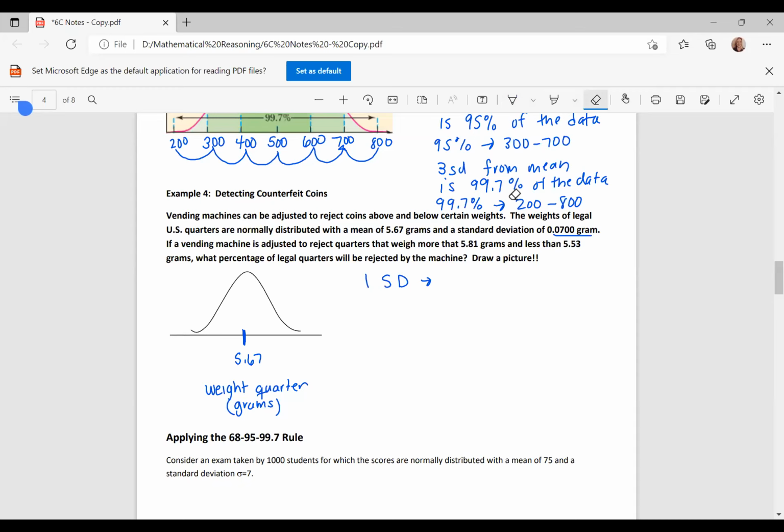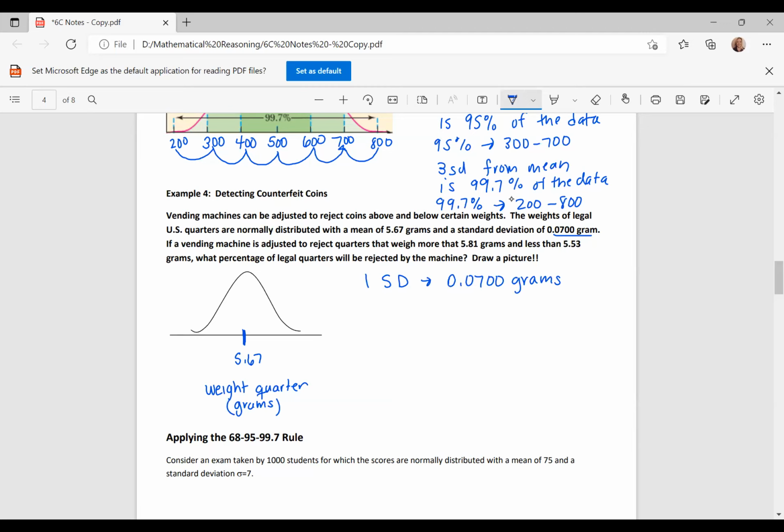That is one of the reasons why you need to put the zeros there, because I almost read that wrong. Those extra zeros help me to not lose my place value. So 0.0700 grams is one standard deviation weight.